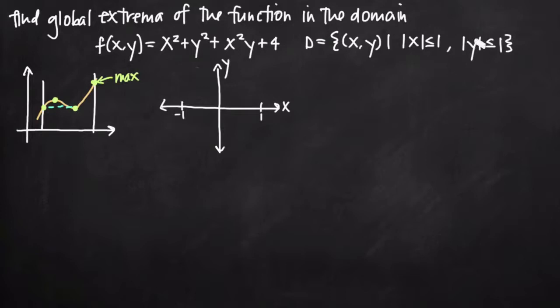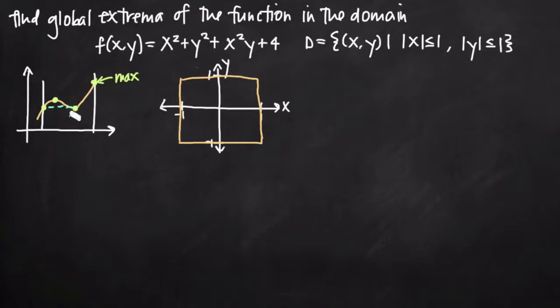Similarly here for y, we know y is between -1 and +1. So if we say -1 here and +1 here, then our domain is this area defined by the square, these 4 line segments, y = -1 and y = +1, and x = -1 and x = +1. So we have the square for the domain.